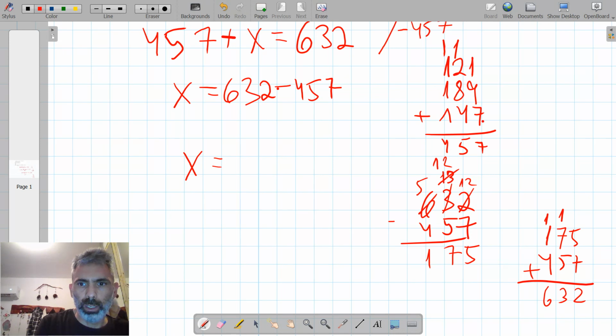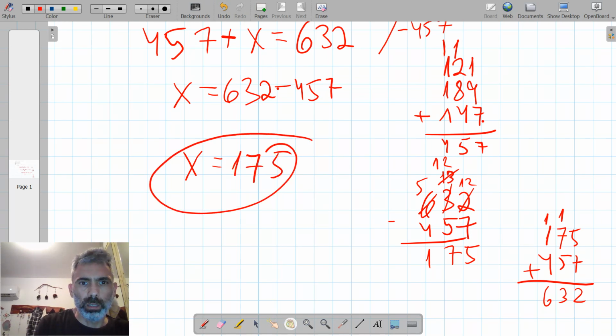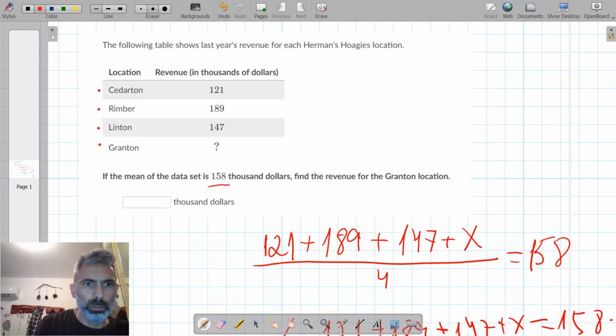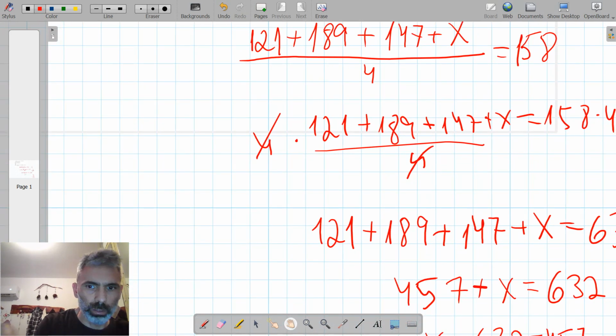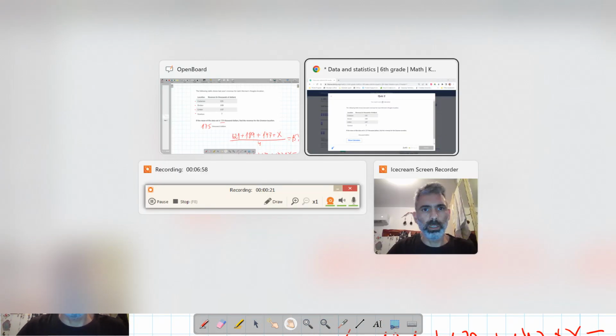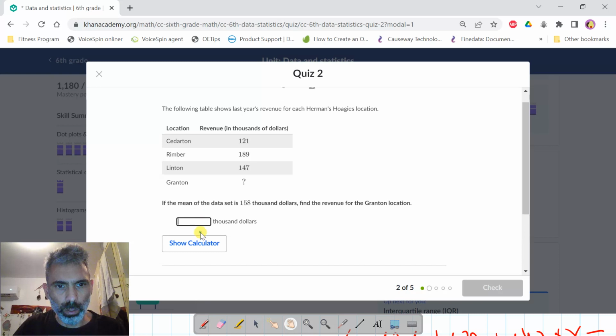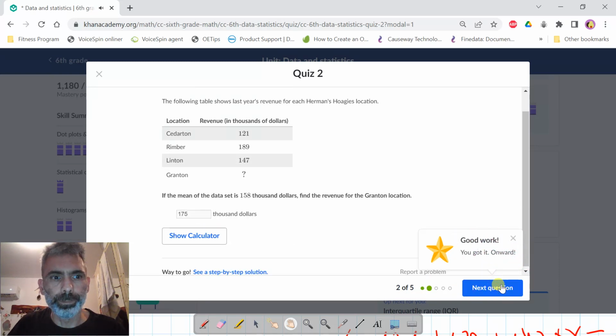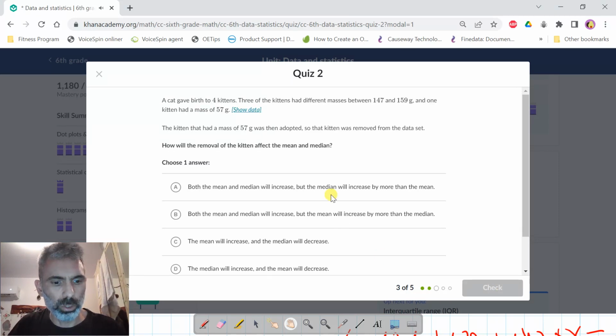So 632 minus 457 equals 175, which means that the revenue for the Granton location is $175,000. Let's see if this is the correct answer. 175. Good. Let's move on to the next question.